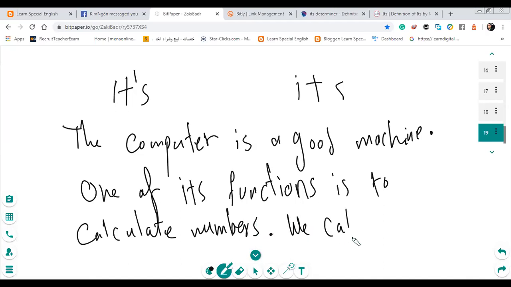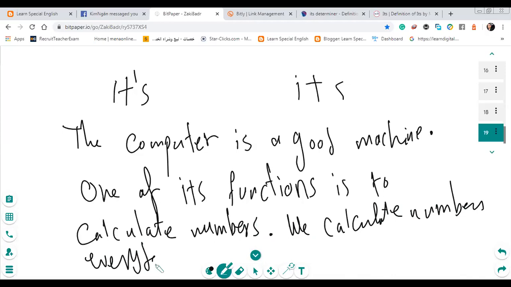We calculate numbers every day." So using "we" here, it's okay. You can use "we", but it's not really that strong because we're talking in general.